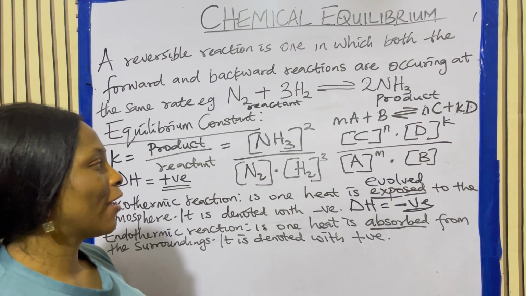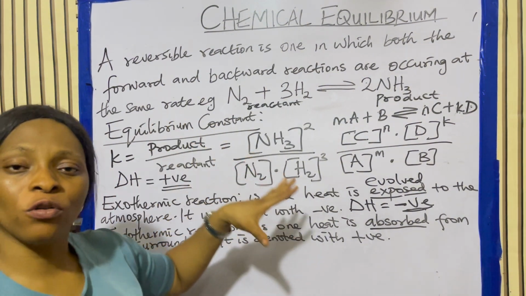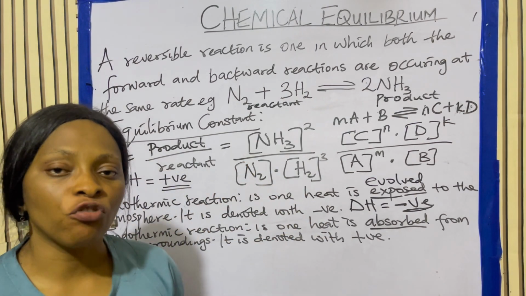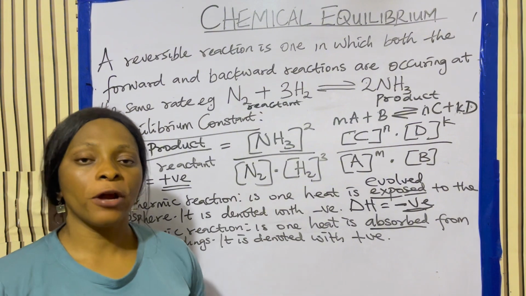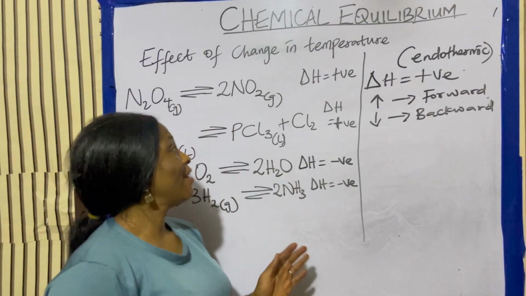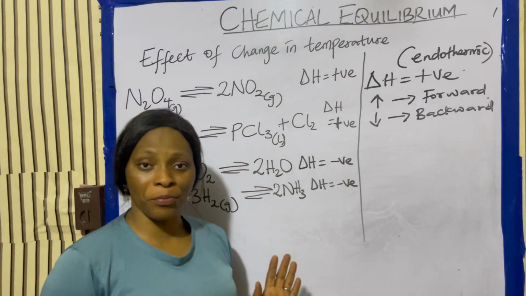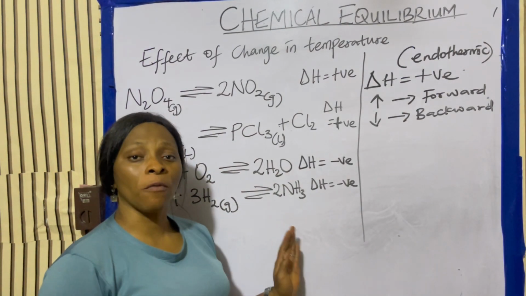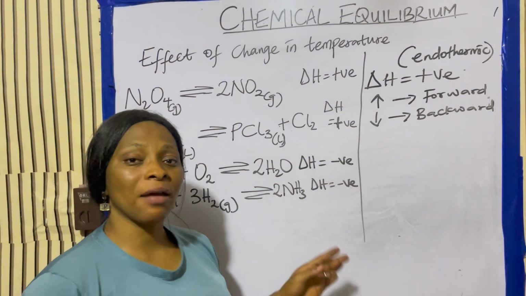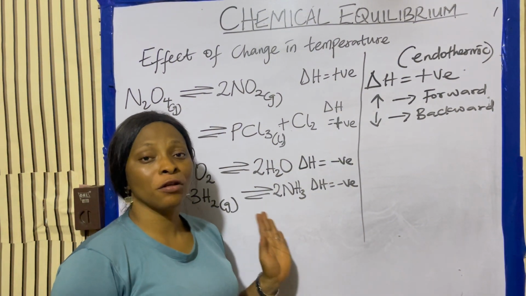Endothermic. Okay, so let's quickly go to the effect of temperature, concentration, and pressure on a chemical equilibrium. So let's look at the effect of change in temperature. Now this particular topic is very important for your JAMB chemistry because examiners love questions from this topic.